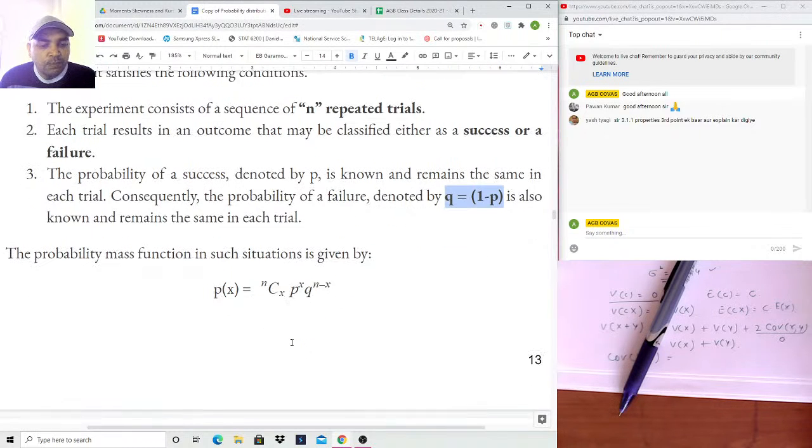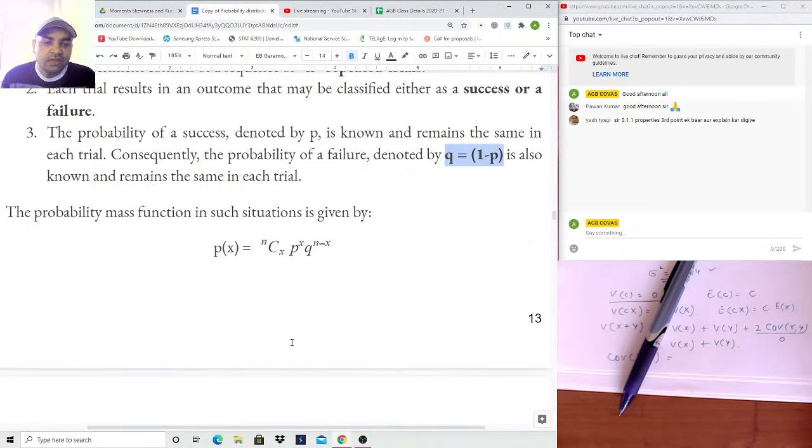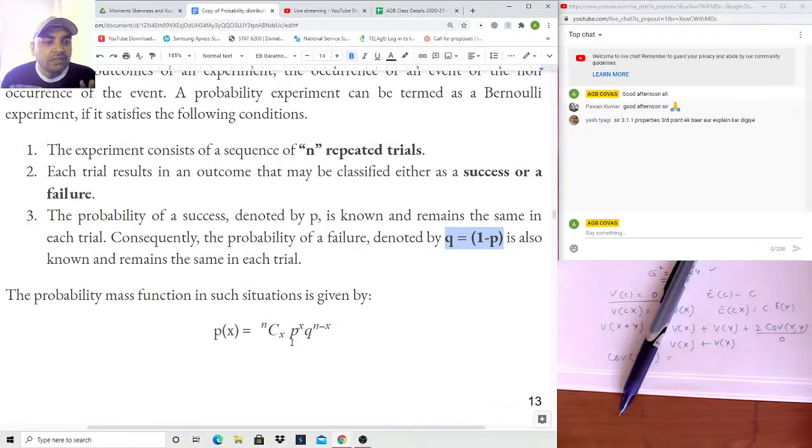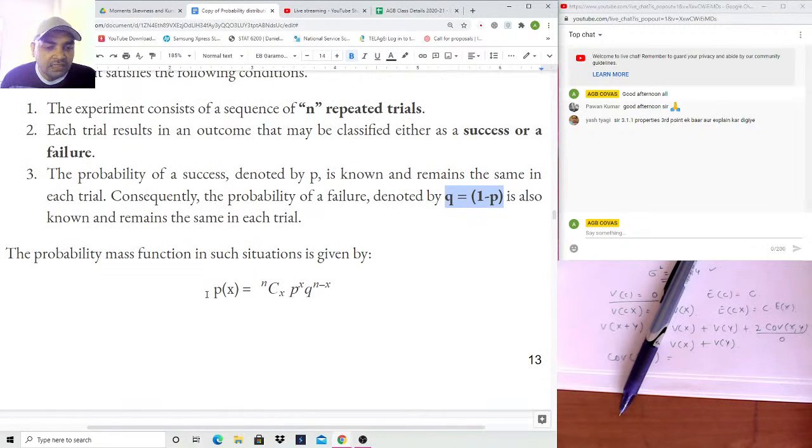So the probability mass function of such a trial, or this binomial distribution, is given by the formula P(x) is equal to nCx p^x q^(n-x). This is the combination sign we have already discussed in the earlier probability chapter.